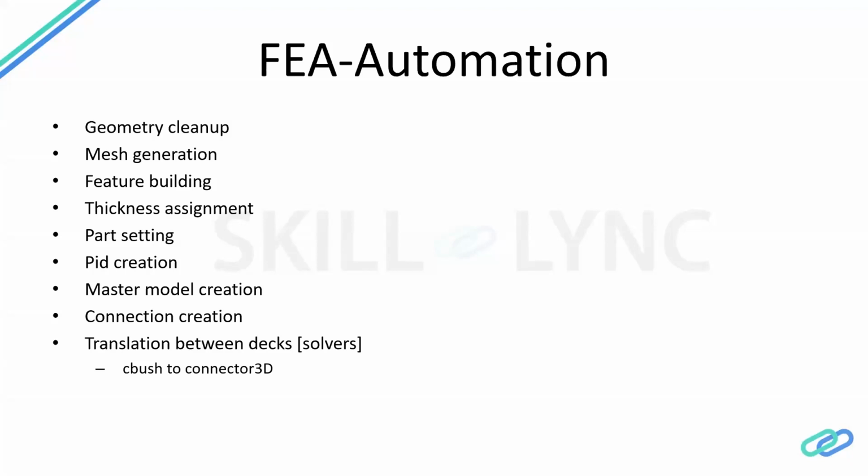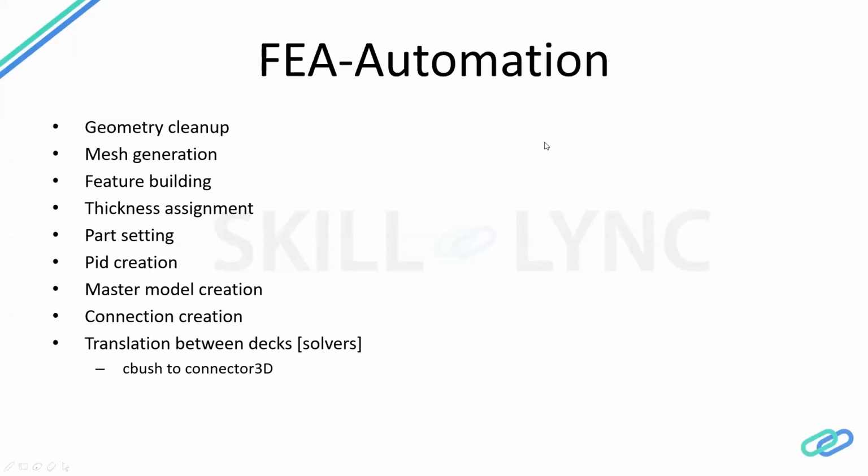Then connection creation is a huge task in FEA modeling that can be automated. Or translation between decks. Say you've created an element like a C-bush in Nastran, and then you want to move it to a different solver, or you create it in Nastran and connect up 3Ds in LS-DYNA. When you're translating it, how do you translate it?